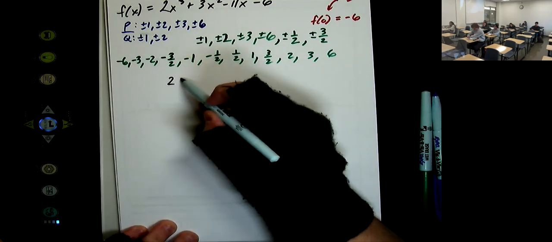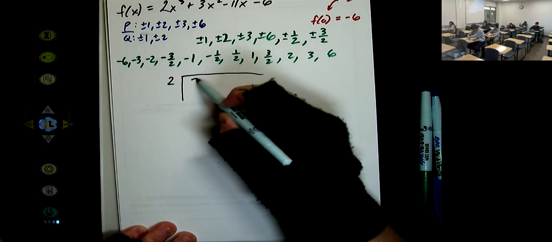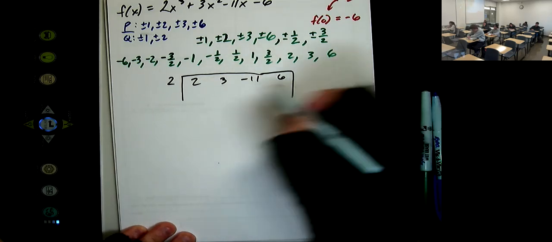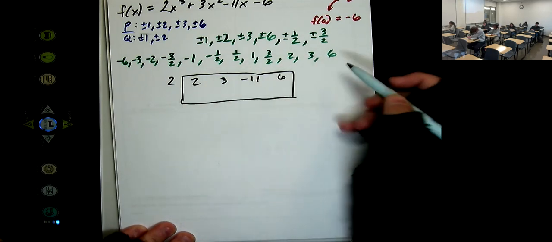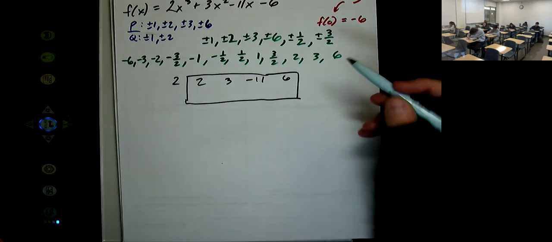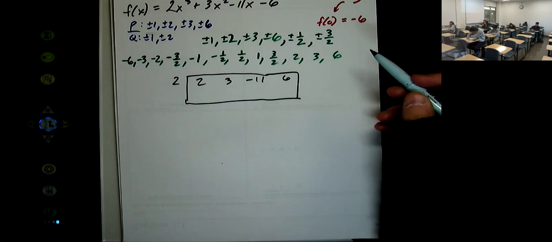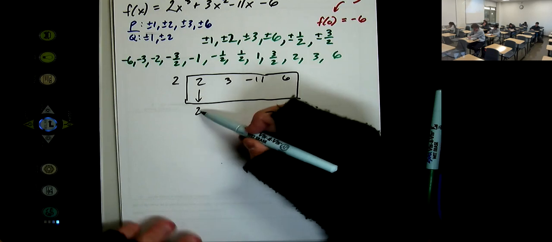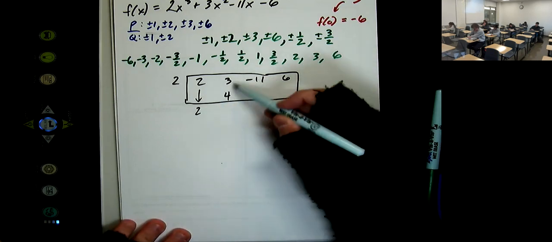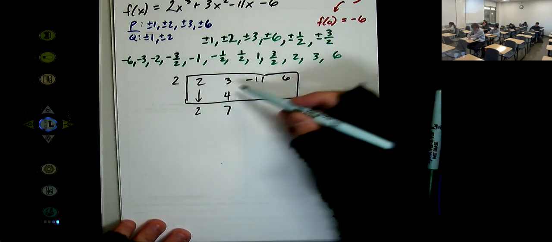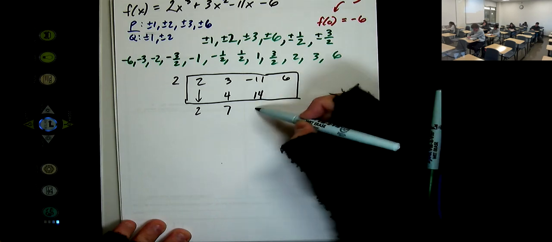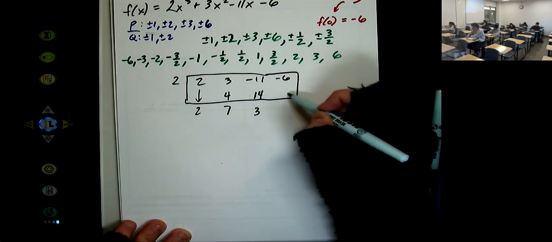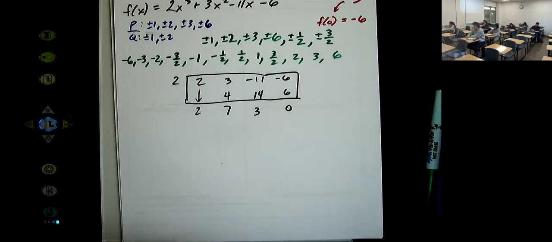So I'm going to try to do 2 into this. Bring the number down and we'll multiply it and add it up here. That worked.